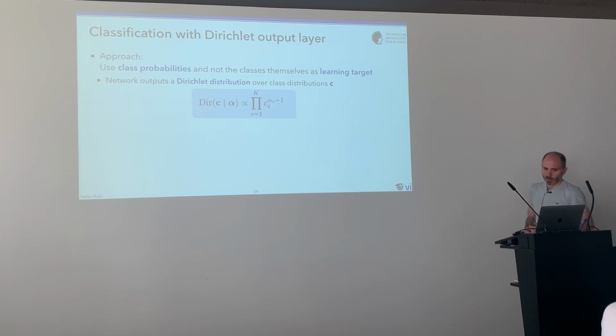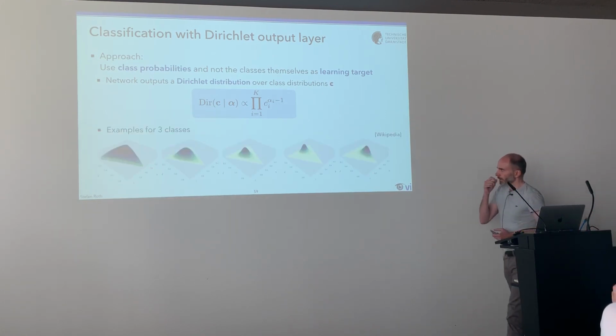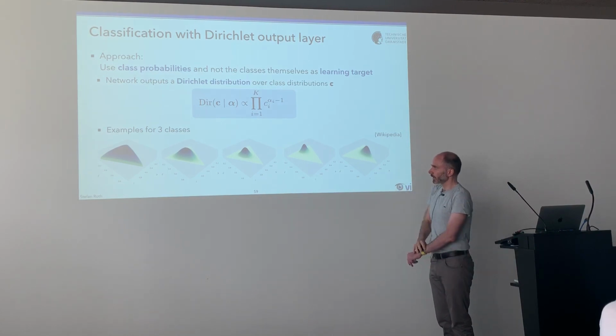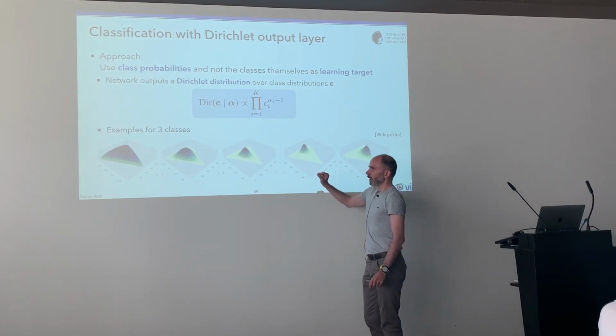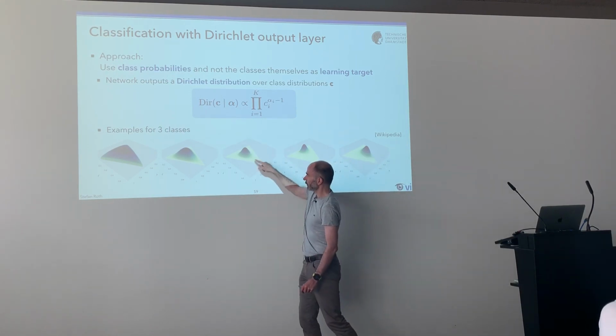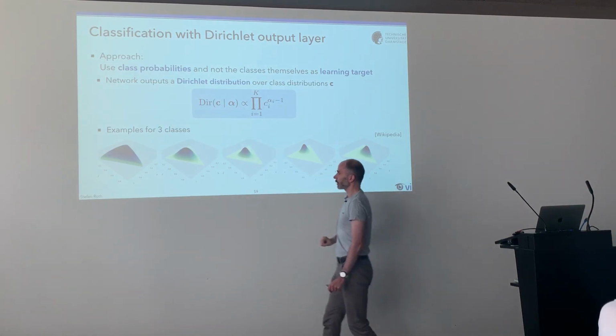But it turns out there is a way to think of that. So you might have come across the Dirichlet distribution. And the Dirichlet distribution is basically a distribution over categorical distributions. So suppose I had 3 classes, and I want to output a certain preference for a certain class, then I'm somewhere in the simplex, right? Suppose this class here, I'm pretty confident that I'm this particular class, then I would predict a point in that corner.